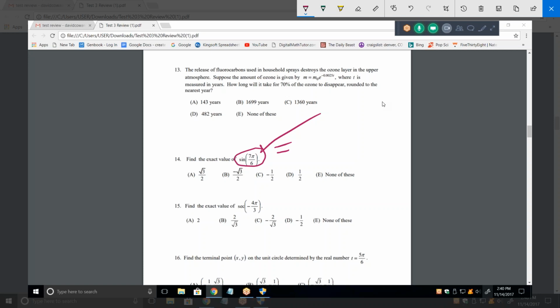It's negative 0.5. Yes, negative 0.5. In other words, that is a third quadrant angle. So it's down here. And it's the same as pi over 6, which is 30 degrees.